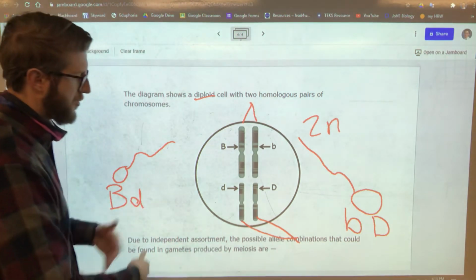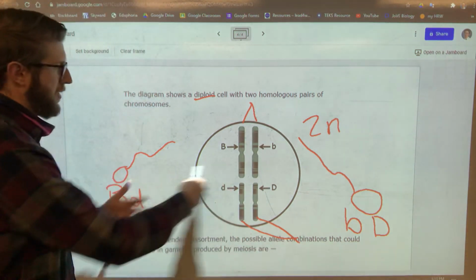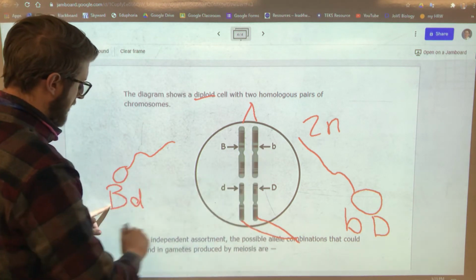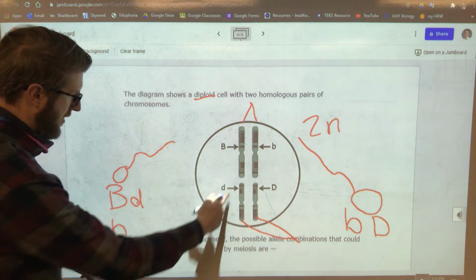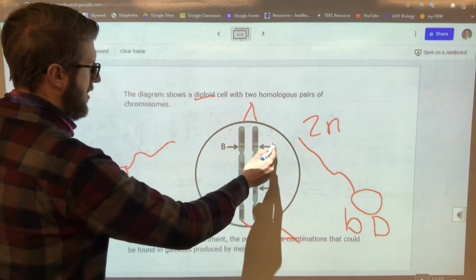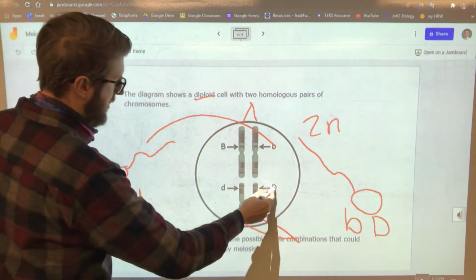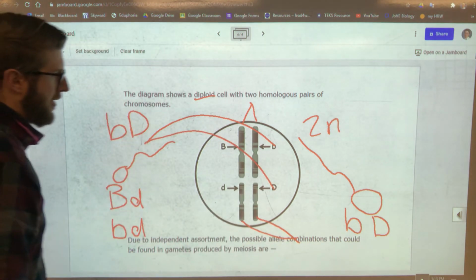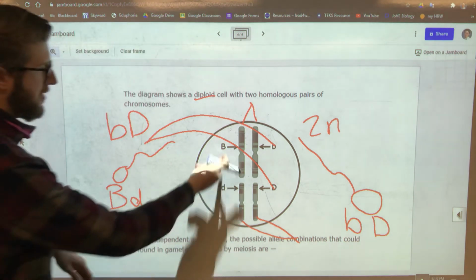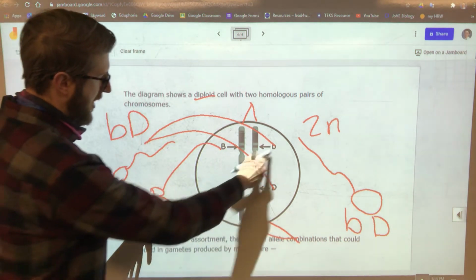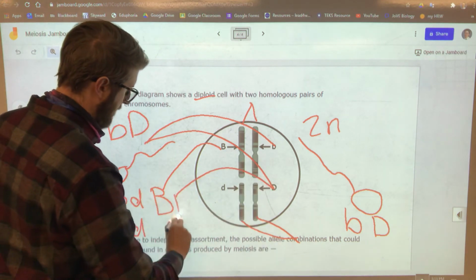So the question is, what are all the different possibilities? Well, we could get a big B here and a little d here, or maybe the little b could come over here and the little d could come over here, or maybe the little b could come over here and the big D can go over there, or maybe the big B could go over here to the sperm and the big D could go over here.